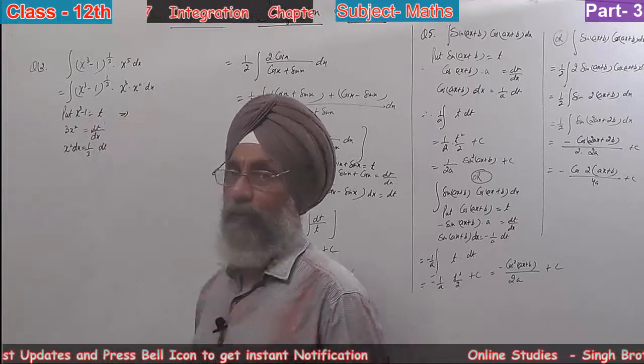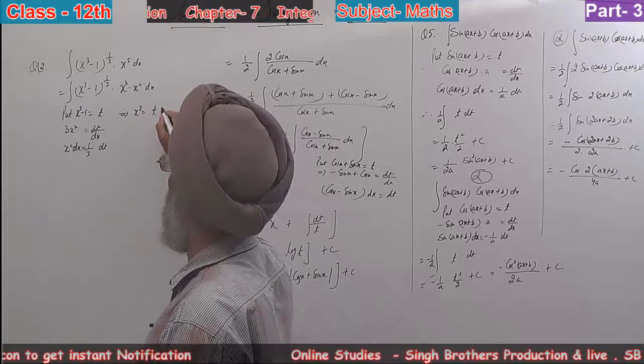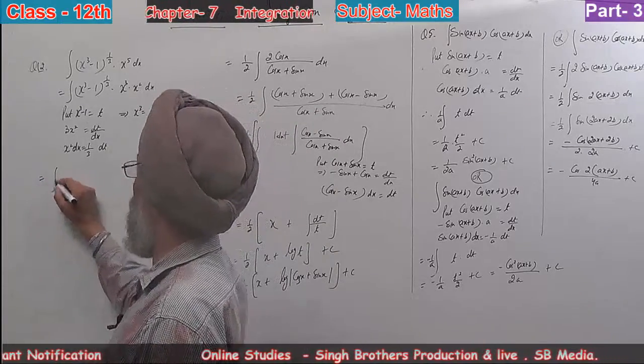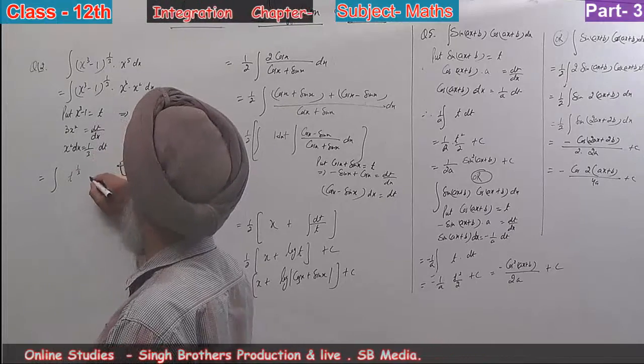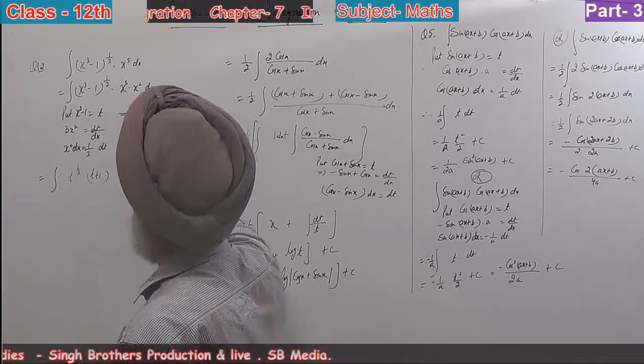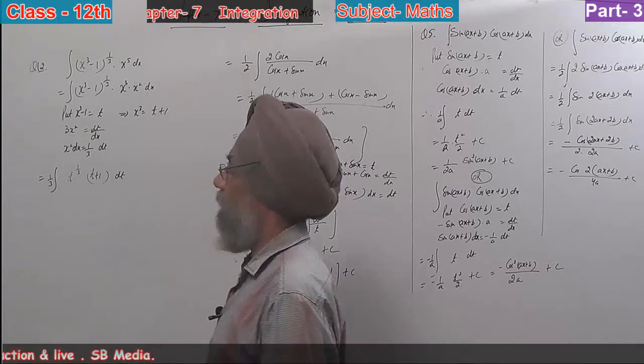If x³ − 1 is equal to t, it means that x³ is t + 1. So the integration becomes t^(1/3), x³ becomes t + 1, and x² dx is 1/3, that is a constant, into dt.